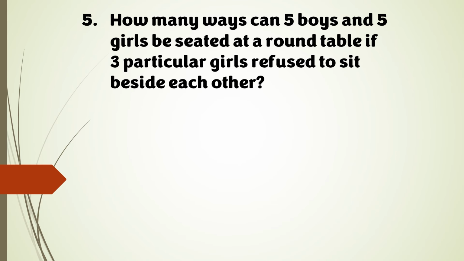For example number 5, how many ways can 5 boys and 5 girls be seated at a round table if 3 particular girls refuse to sit beside each other? Okay, so first, we have here the permutation, or P equals the quantity of 10 minus 1 factorial.